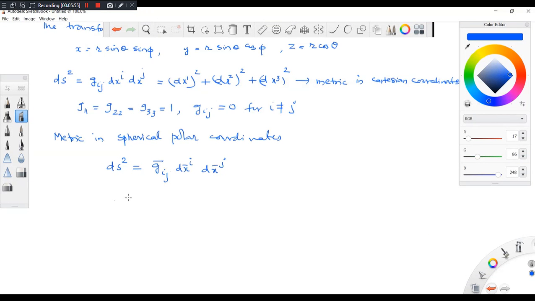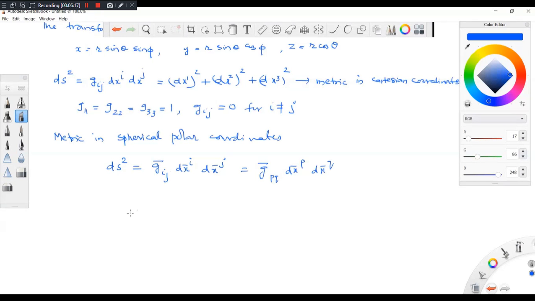Or you can write this as g bar pq dx bar p dx bar q. If you don't want to use ij, here you change to pq. If you write ij, then also it is right.